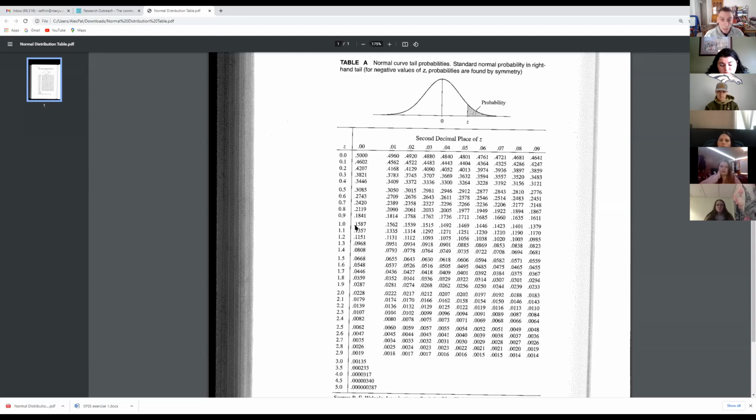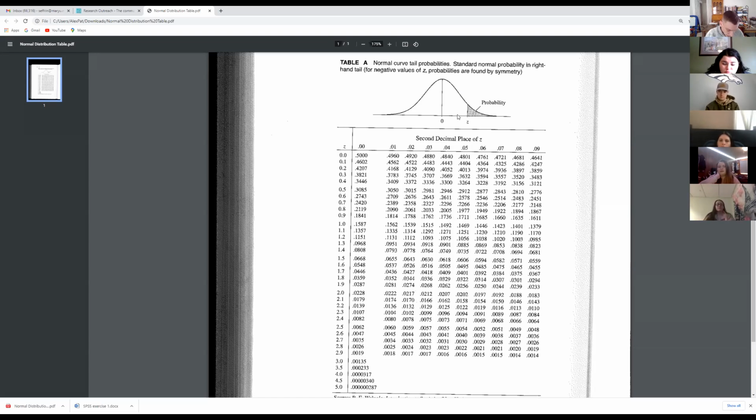Because this is perfectly symmetrical, what then is to the left of a z-score of 1? It's just the complement of 0.1587.